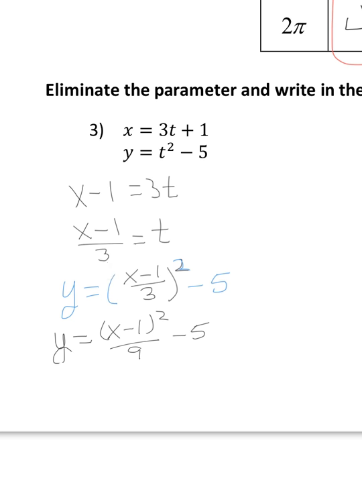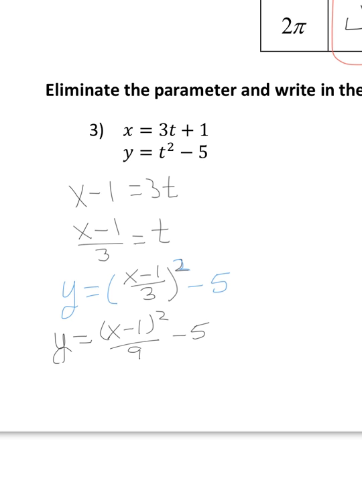I then substituted that x minus 1 over 3 into the next equation right here where this t is. So I opened up a parentheses where the t was, and I substituted the x minus 1 divided by 3. And that's the quantity squared. And then the rest of the equation is minus 5.